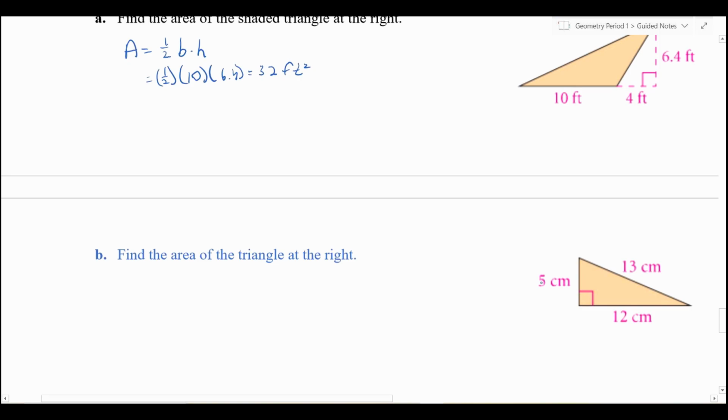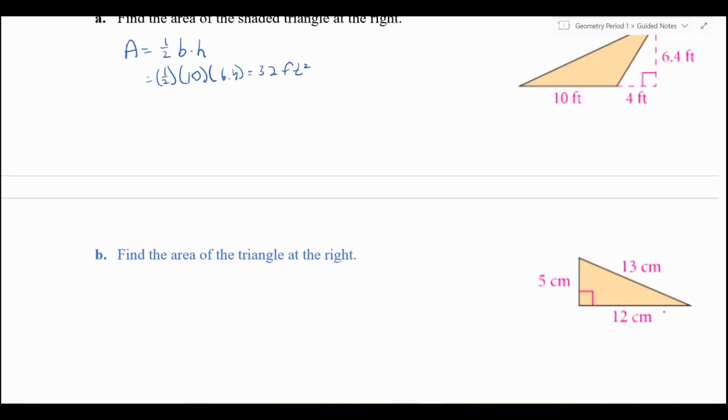Now if I take a look at the triangle using the 5 as my base, the altitude to it will be from this vertex all the way down to a 90-degree angle, which already is. So I could use the 12 as my height or my altitude. Let's take a look at this.